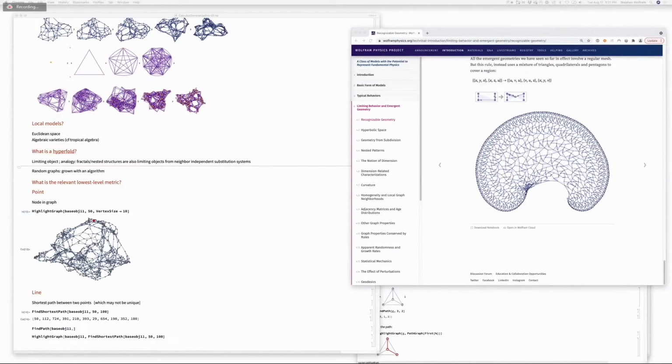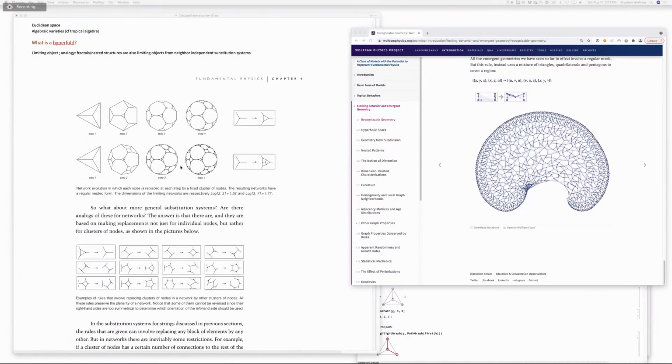So you can specify some properties of this hyperfold, and especially what do we expect? What type of things do we expect it to go to in the continuum limit? It could be more than one thing. One obvious continuum limit could be just the usual algebraic variety.